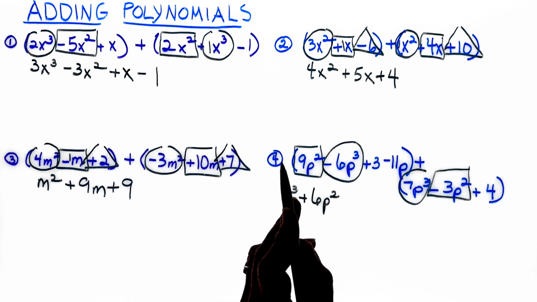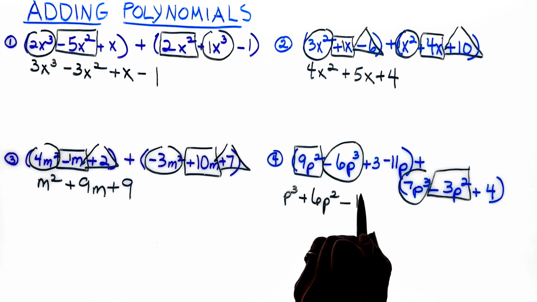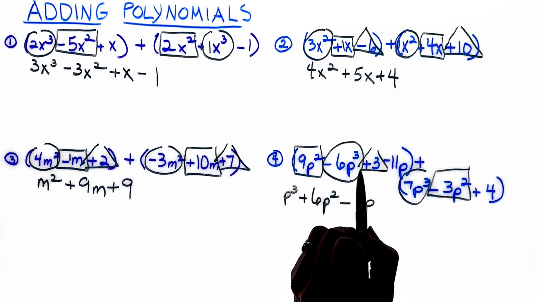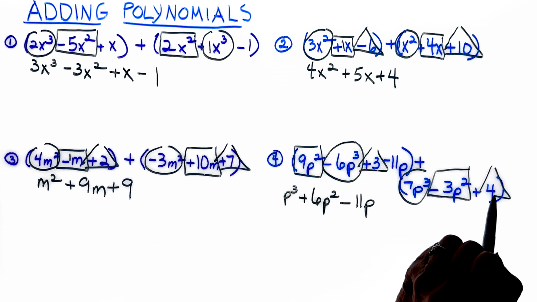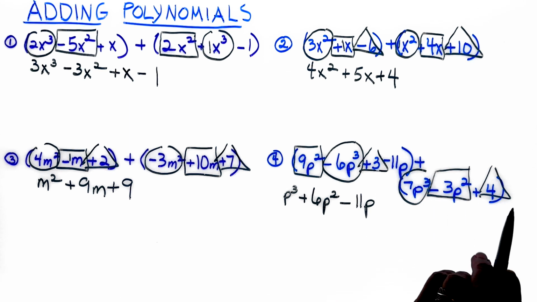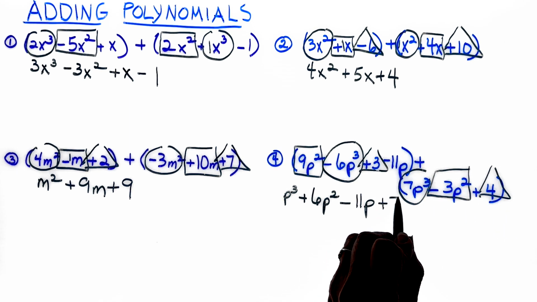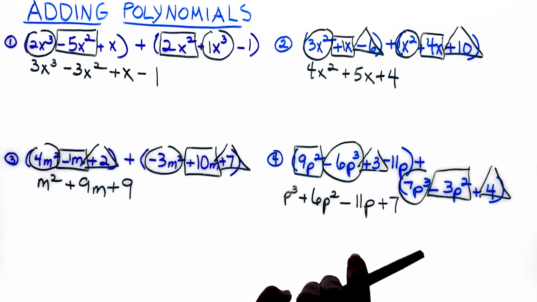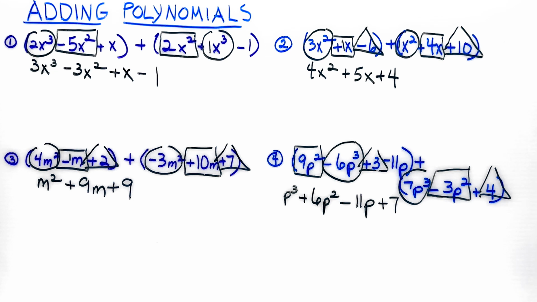No, he's alone. So I'm just going to write minus 11p. And last but not least, I am going to add my numbers together. And a positive 3 plus a positive 4 is plus 7. The format in descending order is the way your polynomials should always be written.